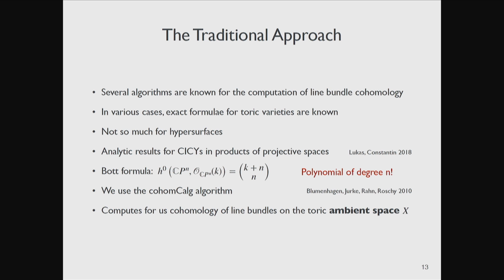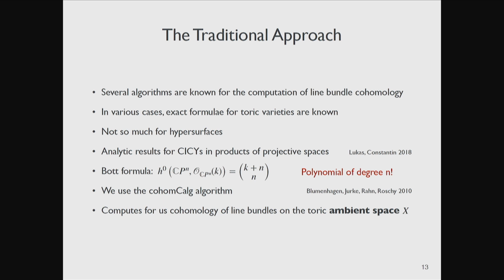In various cases, also exact formulae for the toric variety are known. Here I have a formula for the projective space, for example. Not so much is in fact known for hypersurfaces in terms of analytic formulae, I think. And there have also been, in 2018, some analytic results for complete intersections in products of projective spaces, which is a different topic. But there's also a construction of Calabi-Yau manifolds.